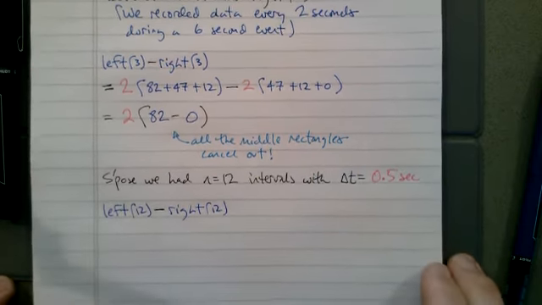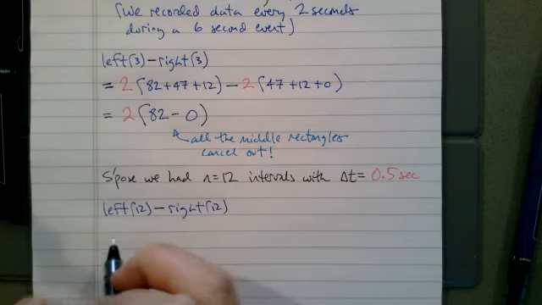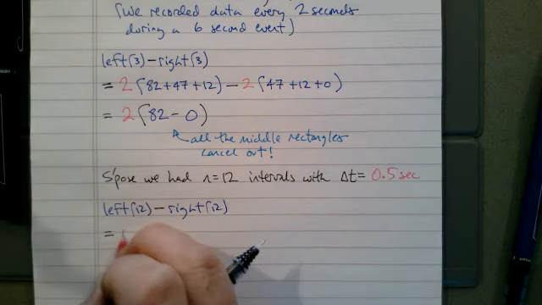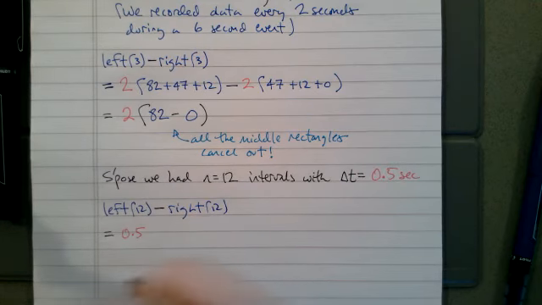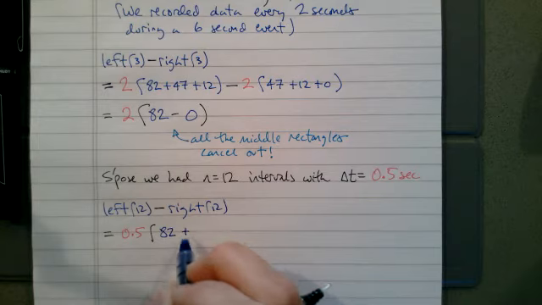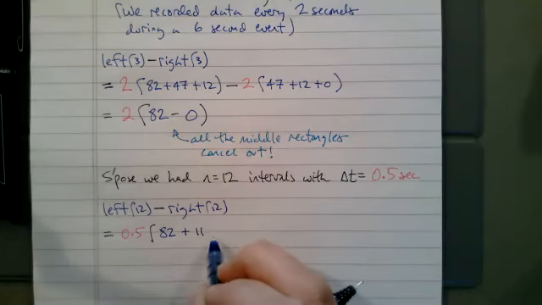when we subtract left 12 minus right 12, we would end up taking the delta t is 0.5. I'd have 82 plus 11 middle ones.